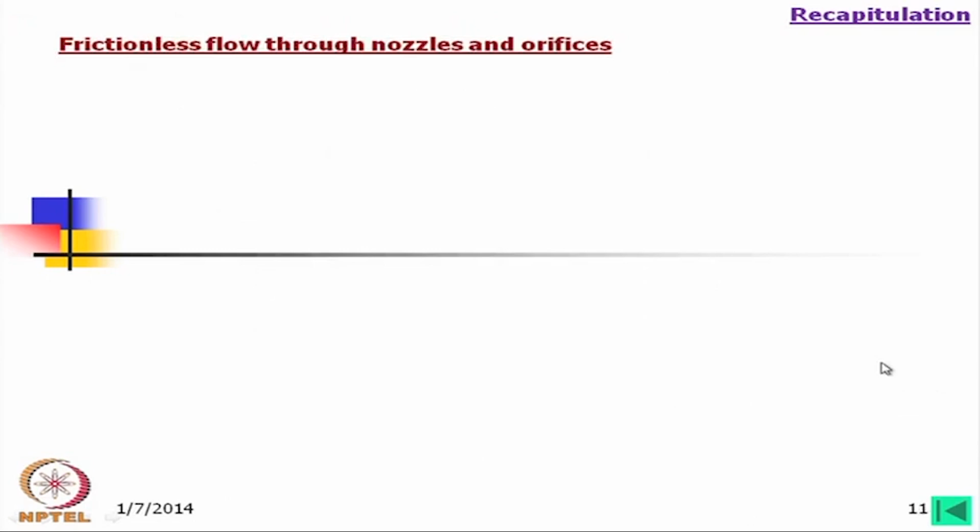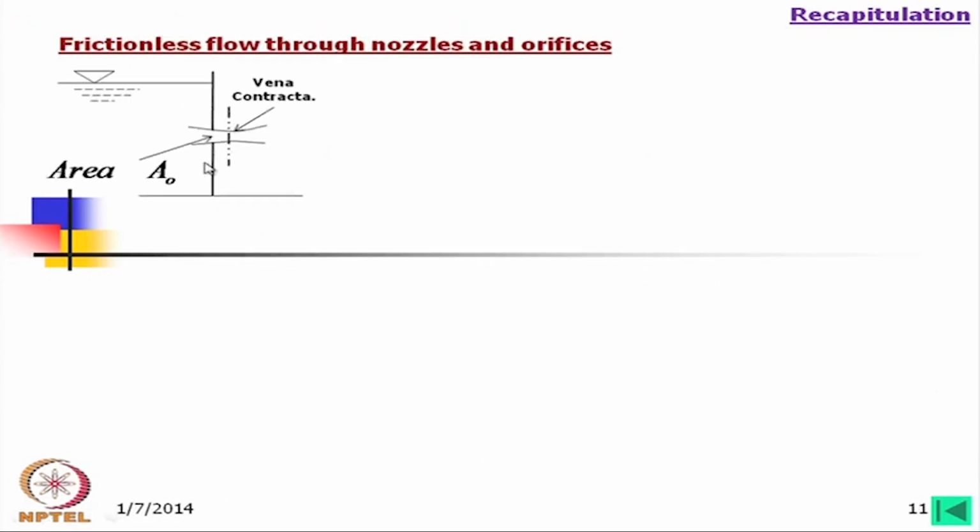Now, frictionless flow through nozzles and orifices. Another important factor we should know is the equations for pressure when the flow is through an orifice, because this is important in fluid power. In each and every piece of equipment you will find several orifices through which flow occurs. For such orifice analysis, hydrostatic analysis alone will not do.